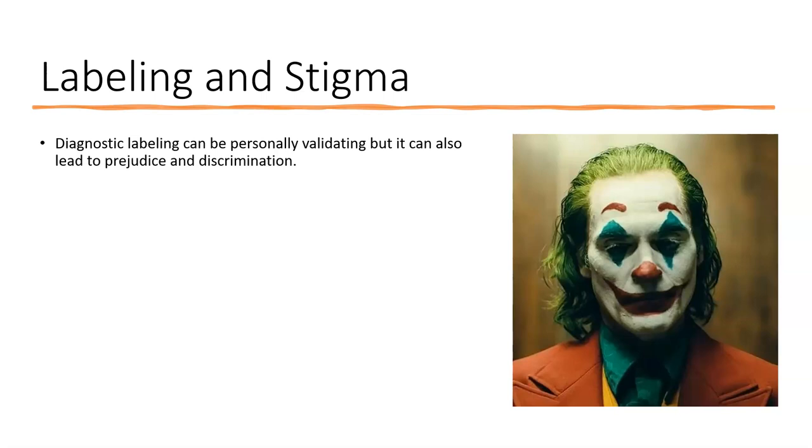They may be seen as blameworthy, and in some ways unworthy of participating in just the regular walks of life. These are people to be avoided, people to be pushed off to the side, and so on. So the stigma related to mental illness is a real thing, and it's a problematic thing.